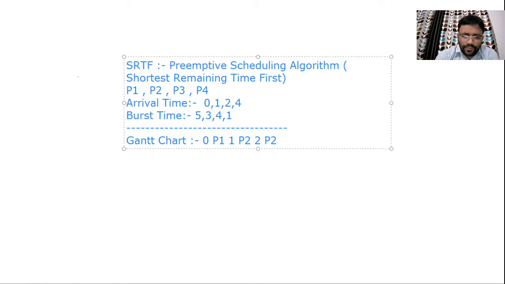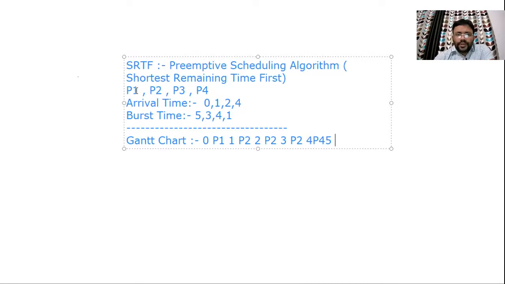Then P2 runs 2 to 3, then 3 to 4. So P2 completes its execution in 3 units and exits the CPU. At time 4, P4 arrives with less burst time, so we put P4 here and it finishes at 5. P4 also completes its execution and exits the CPU.